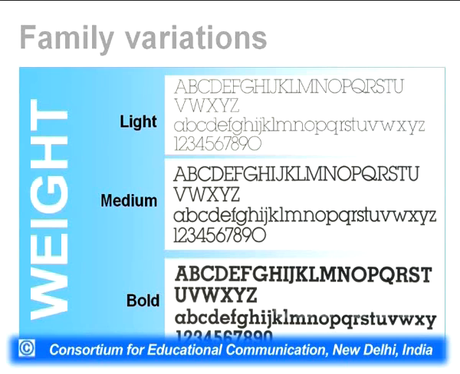Just to explain further, medium types are those types which are neither too bold nor too light. That means it is called medium because when the letters are arranged, the letter strokes occupy certain space, and certain space is occupied by the background or the white space.